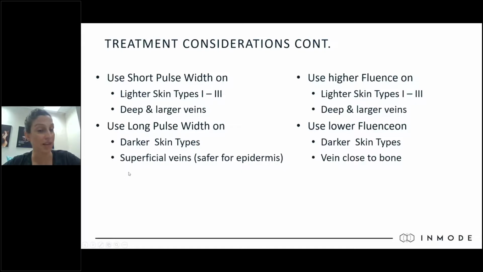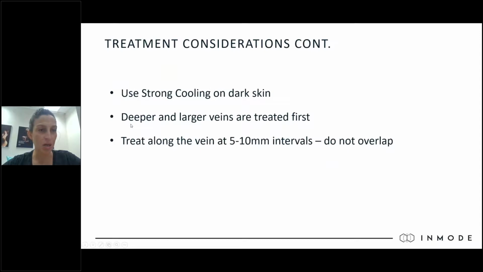In more superficial veins, we want to be saving the epidermis. We want to make sure that we're not causing any side effects to the epidermis, and therefore we will use the less aggressive pulse, which is the long pulse.